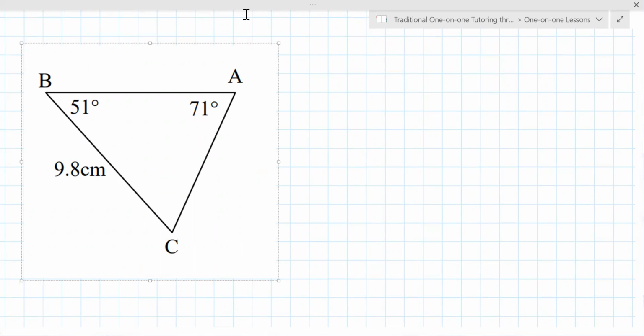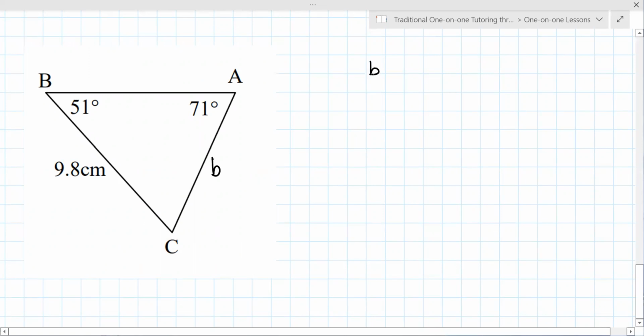So here we would solve for AC using angle B. Let's call it little b. So b over sine 51 equals 9.8 over sine 71. Good, that's perfect.